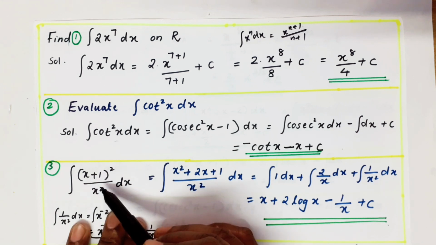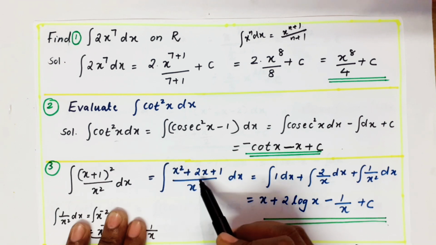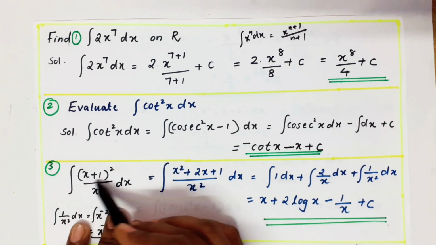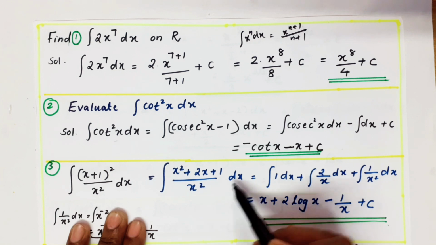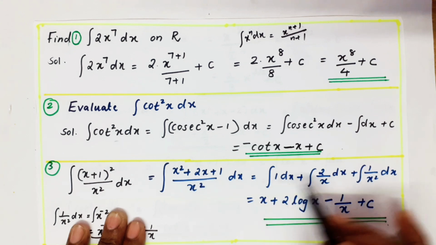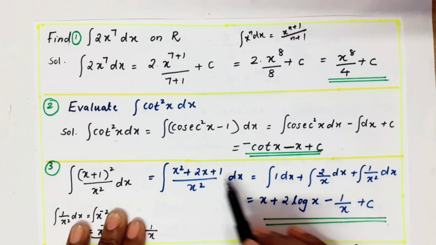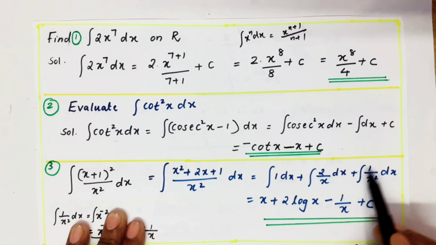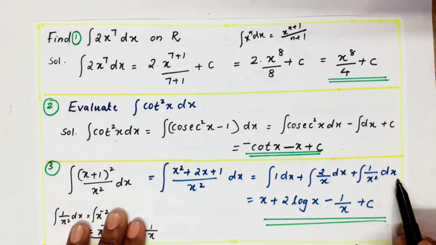Next. X plus 1 the whole square by x square dx. We are expanding this. That is x square plus 2x plus 1, that's the expansion of this one, divided by x square dx. We can write it as x square by x square is 1 dx, 2x by x square we can write 2 by x dx, plus 1 by x square dx.